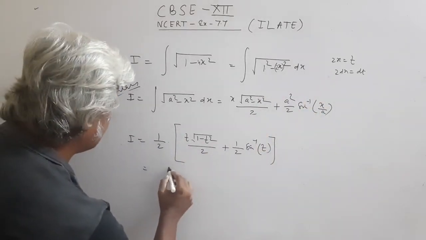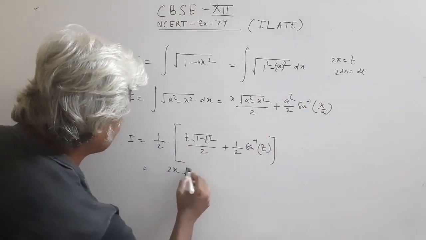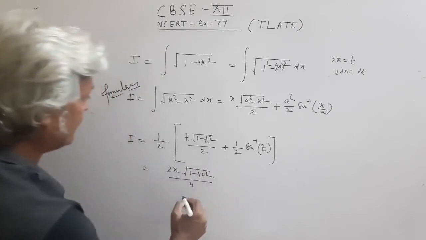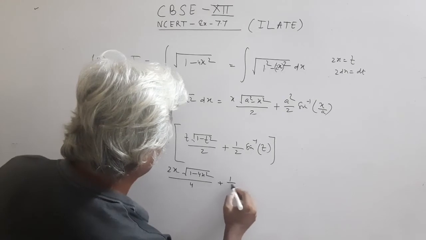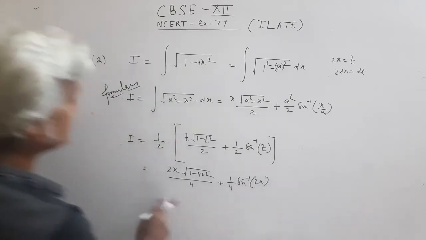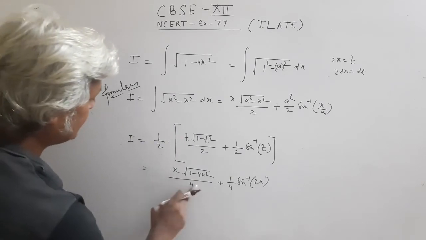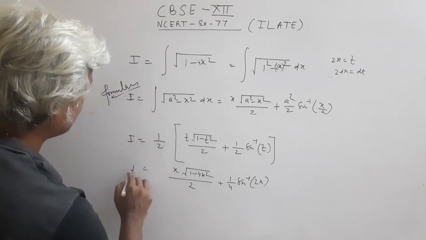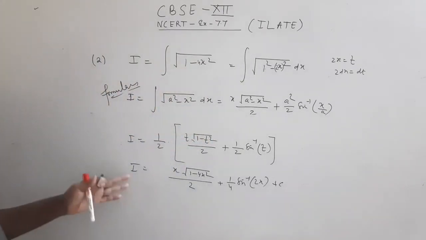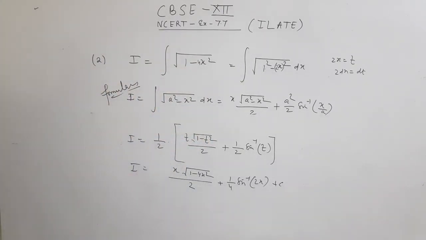So this becomes 2x under root 1 minus 4x square over 4 plus 1 over 4 sine inverse 2x. Now 2x by 4 can be written as x by 2, and this is your integration. This is your answer. We are missing just the constant of integration, and this part is done.